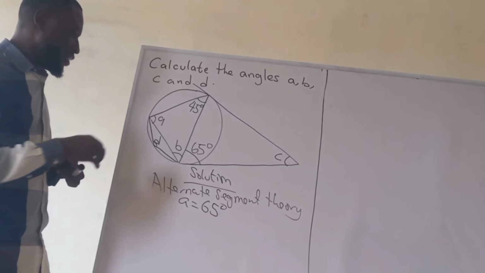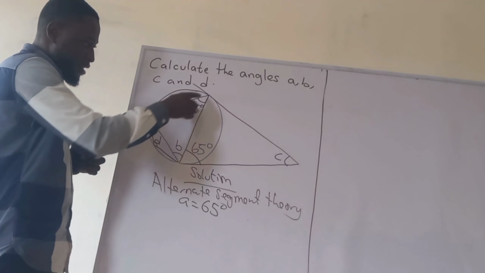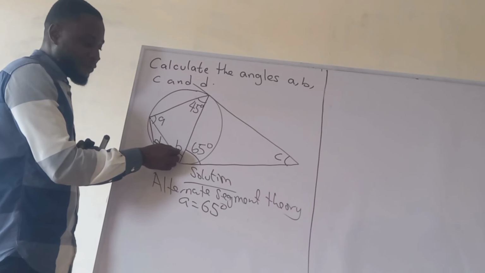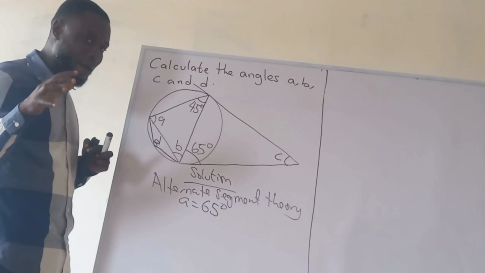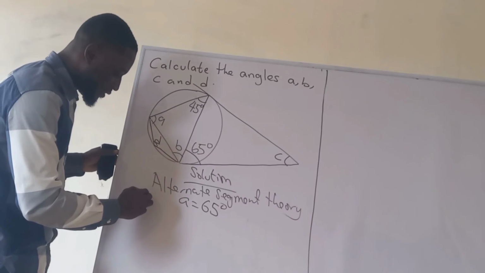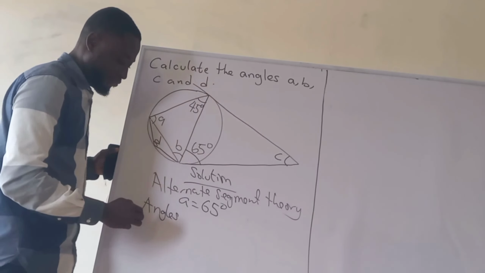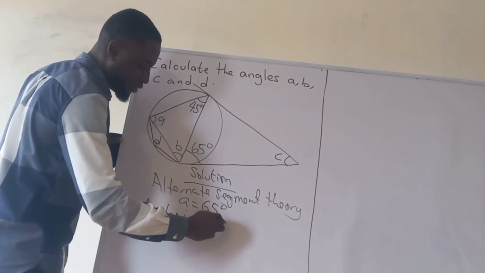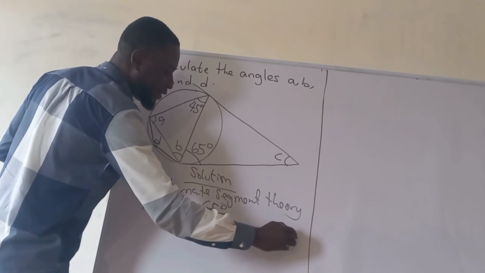After doing that, then move on to our B. Since this is a triangle and we have gotten our A, then we can find our B. So angles in a triangle sum up to what? 180 degrees. So, angles in a triangle add up to 180 degrees.